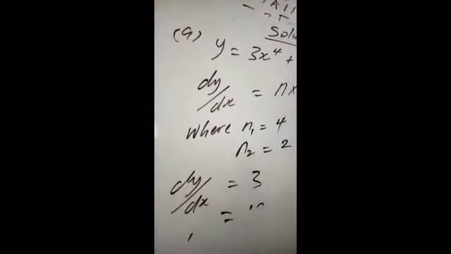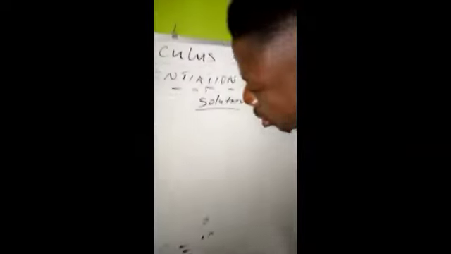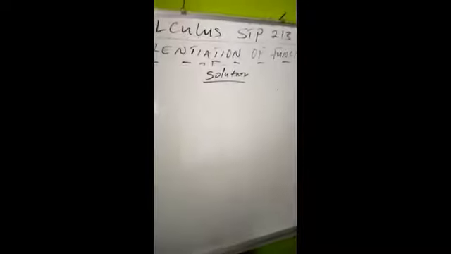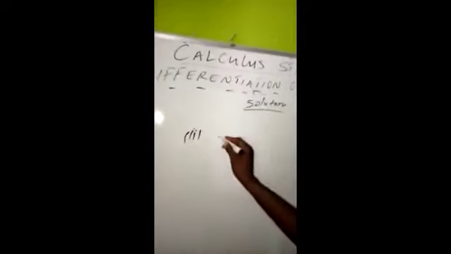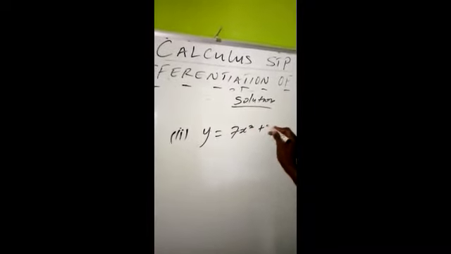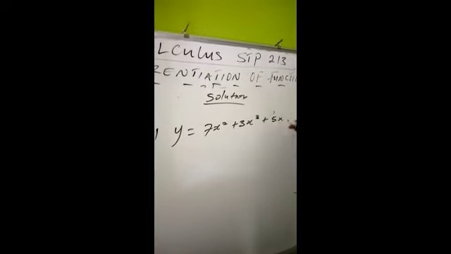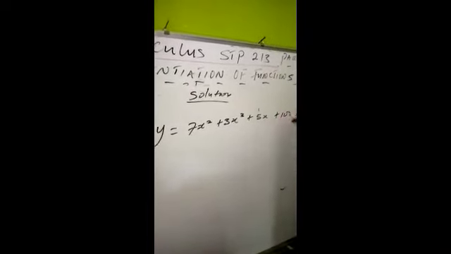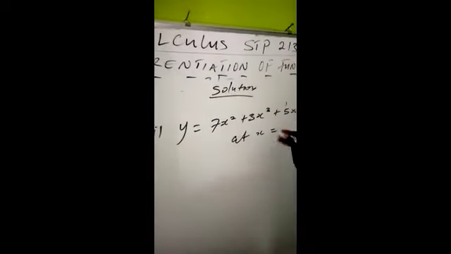So example number 2. We have y equal to 7s squared plus 3s cubed plus 5s plus 100, at s equal to 1.